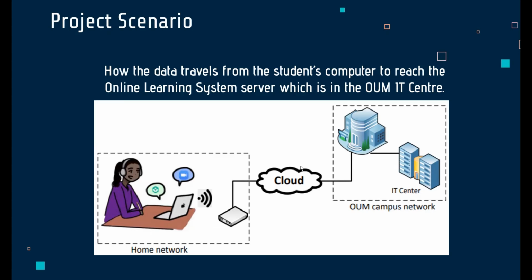So, how does the data travel from the student PC to the open learning system server at the OUM IT center? Let's say they use the HTTP protocol, which transfers data over the web using the client-server mode.